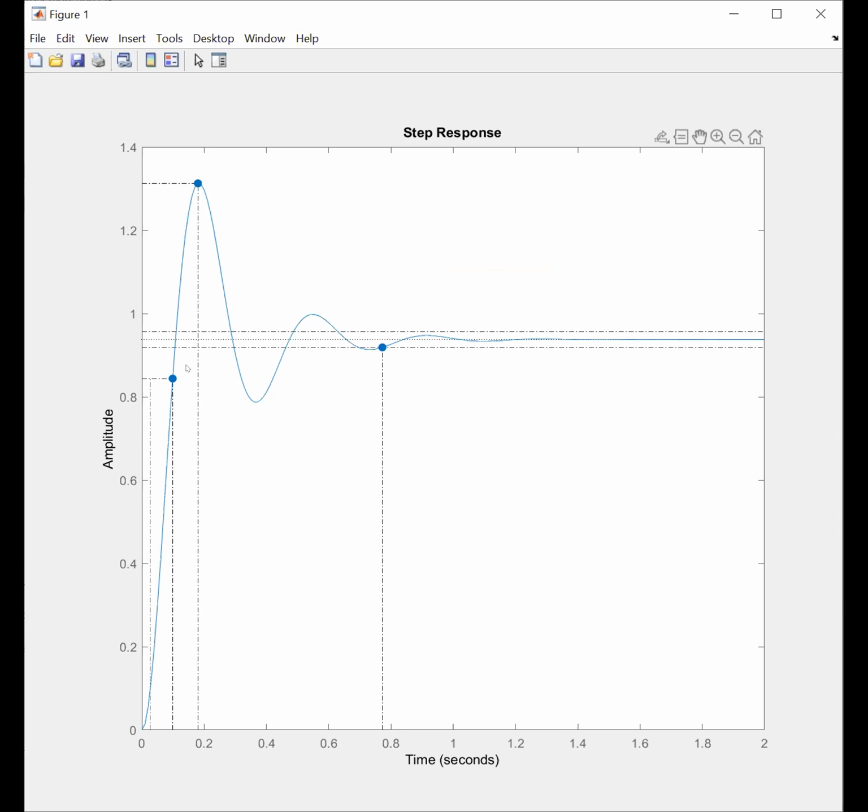And you will see my rise time is 0.07 seconds. My overshoot is 40%. That's not good, but we'll try to reduce that with I and D control. Then my settling time is 0.772 seconds.